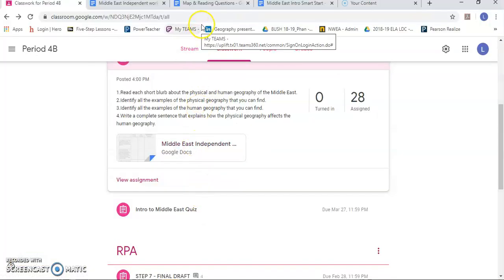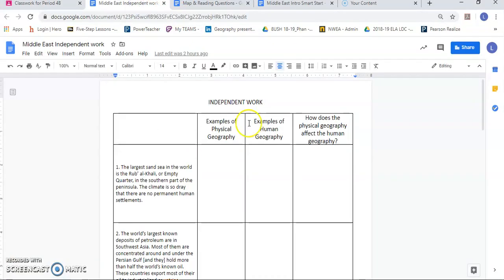So let's do this together. So let's read it. The largest sand sea in the world is the Rub al Khali, or empty quarter, in the southern part of the peninsula. The climate is so dry, misspelling, sorry, that there are no permanent human settlements. So first thing you're going to do is list all the examples of physical geography.